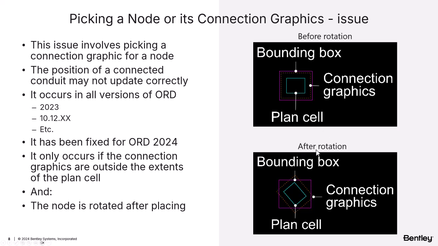So when you rotate the node, the cell is rotated and the connection graphics are rotated, but the bounding box at the moment is not rotated. So we can now see that part of the graphics for the connection regions in this case are outside the extents of the bounding box.